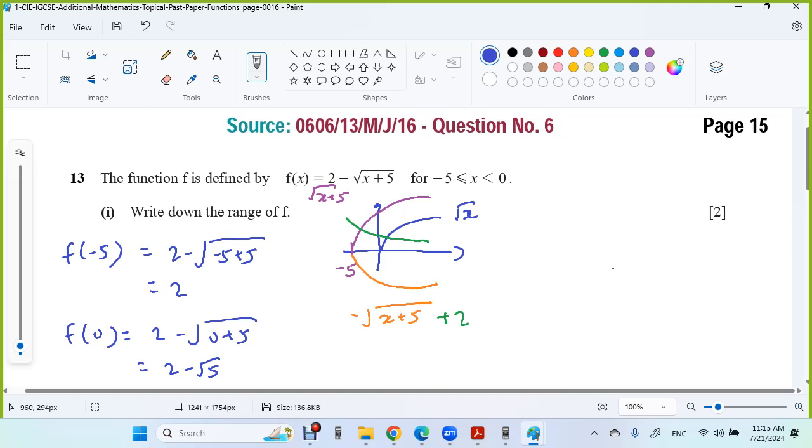So the range is f(x) is between 2 minus square root 5 and 2. So this one is inclusive, so the 2 here is inclusive. So this will be the answer.